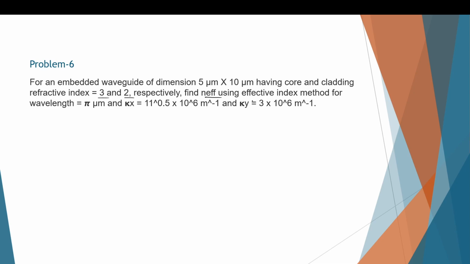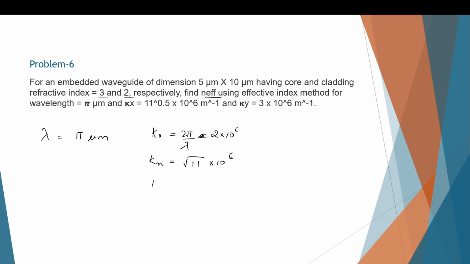Okay, so the wavelength they have given, lambda is pi micrometers. If they have given lambda, we can find out k naught. k naught will be 2 pi over lambda, which I will get to be 2 into 10 power 6. kx they have given as root 11 into 10 power 6 meter inverse.